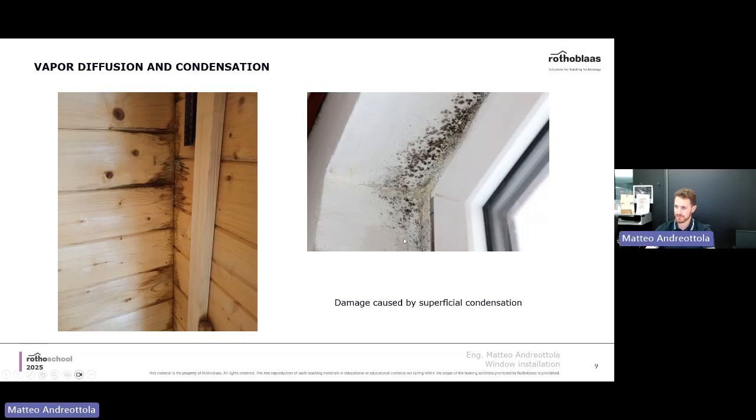And especially, let's look at the window detail on the right. It's also interesting, when you see an issue, to do a study of the issue. And you might ask yourself, what can I study here? It's just a window corner with some mold on it, so there's nothing to study really here.